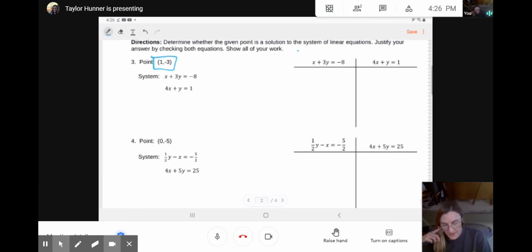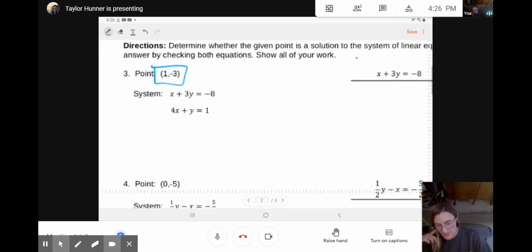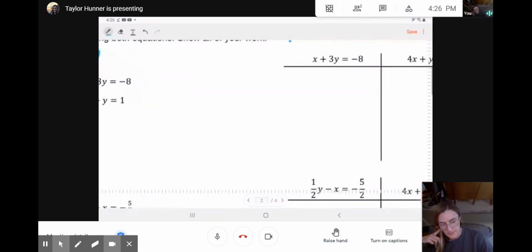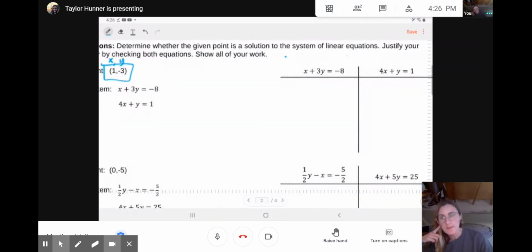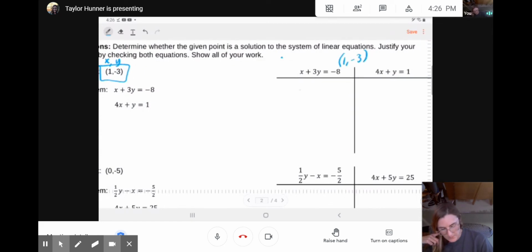So for number 3, my x value is 1 and my y value is -3. So all I'm going to do is plug in this point (1, -3). So x is 1 and I make my y -3. Well, 1 plus -6 is not going to equal -8.